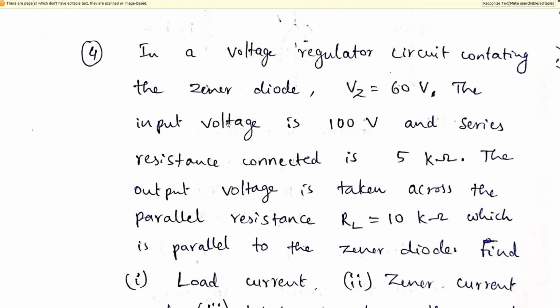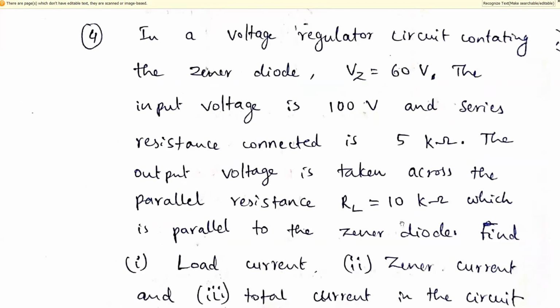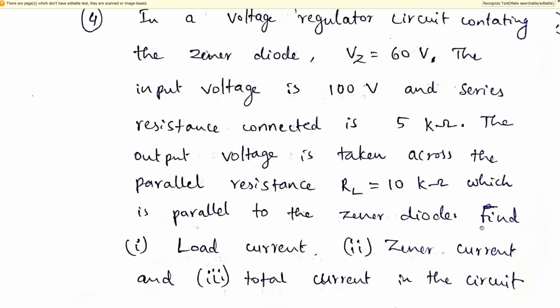This is exactly the similar circuit shown in problem number 3. What you have to calculate is: find load current, Zener current, and total current in the circuit.